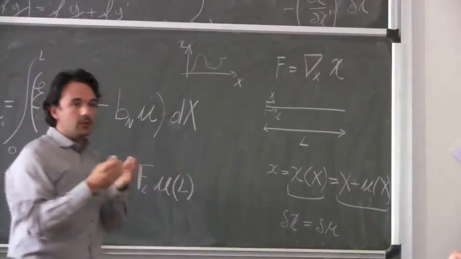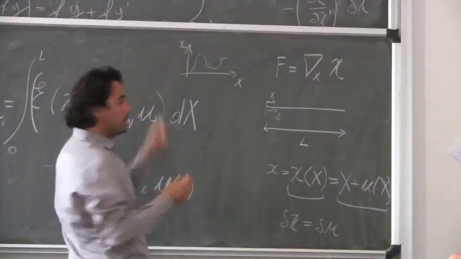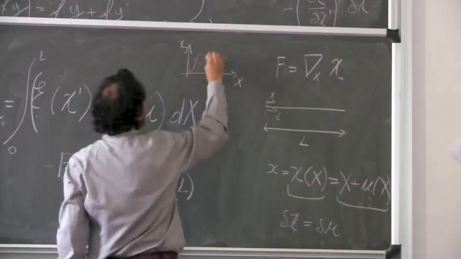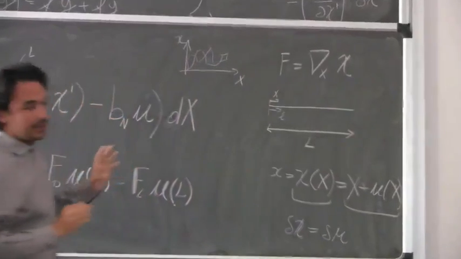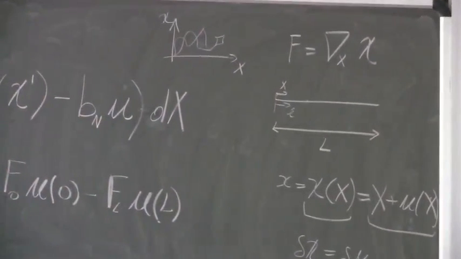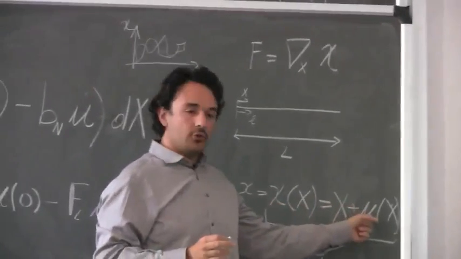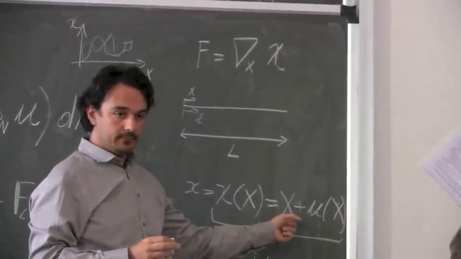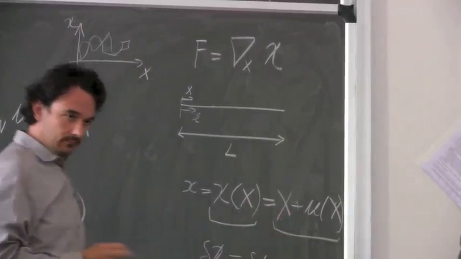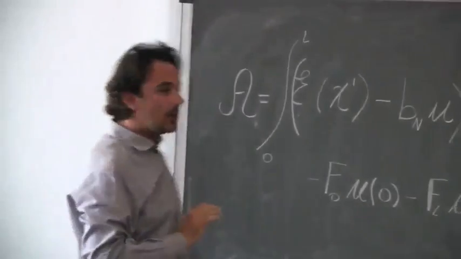That means that you take into consideration a function different from this, maybe like this. So what you vary is only the fundamental field, that is the displacement. If you vary the displacement, you vary of course u, because they are related, but you don't vary x, because you vary only the function.